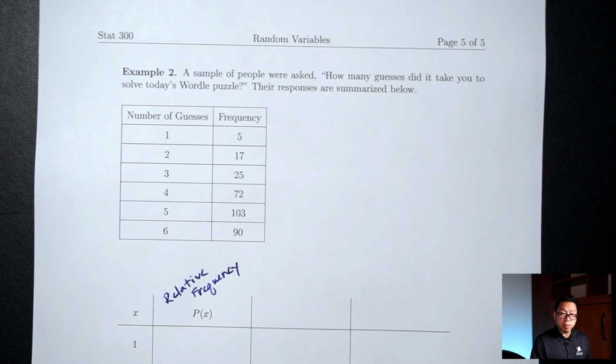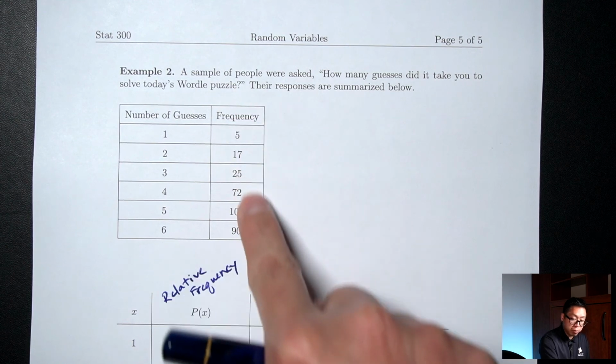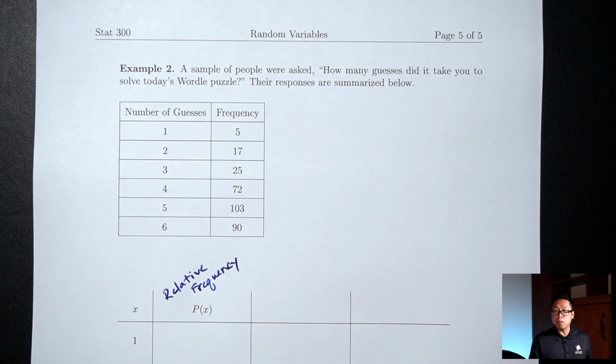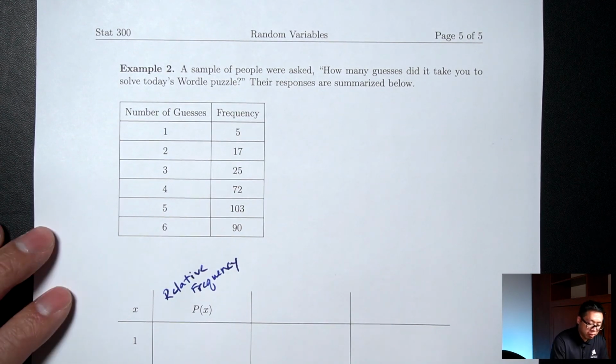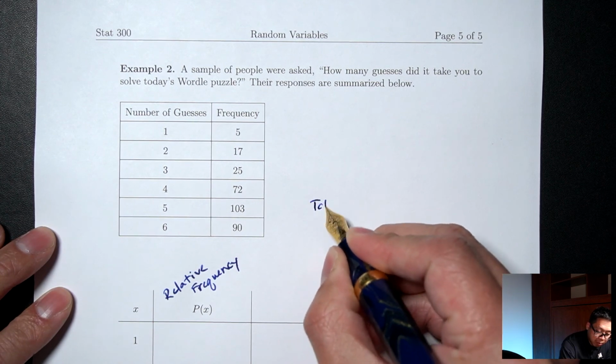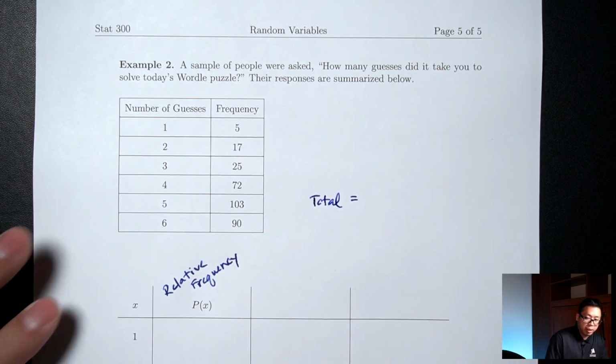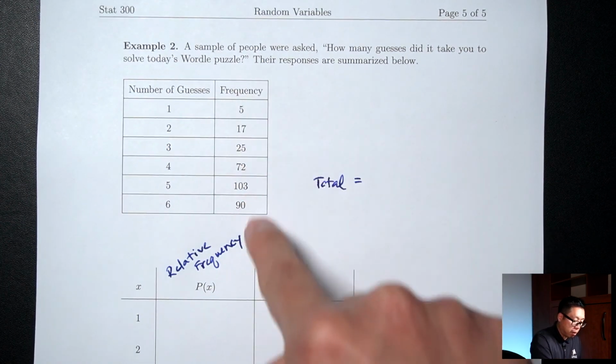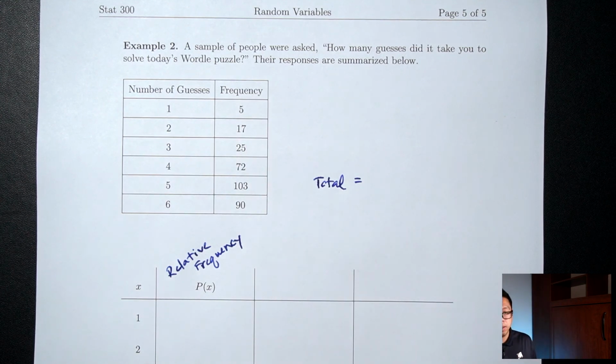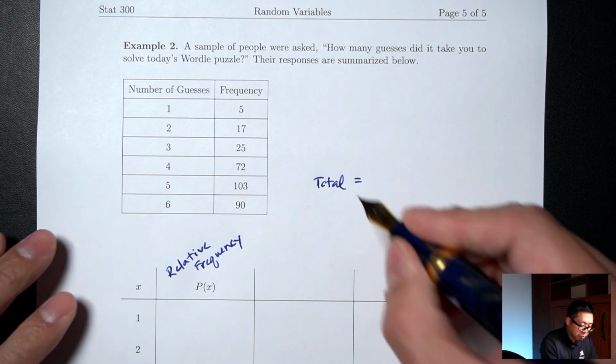To find a relative frequency, you'll just take each of these frequencies and divide it by the total number of people in the sample. So what's the total number of people in the sample? We can get that by just adding up all the frequencies. So 5 plus 17 plus 25 plus 72 plus 103 plus 90, 312.